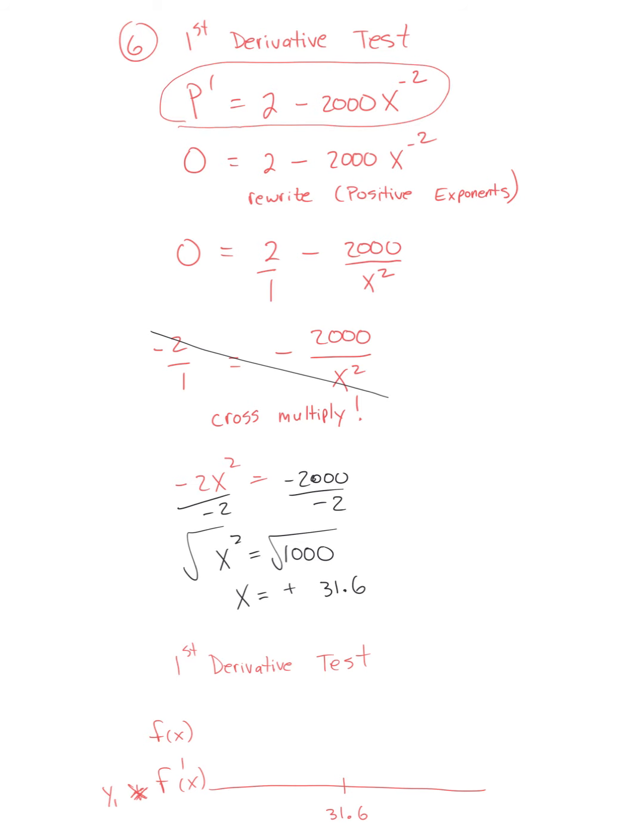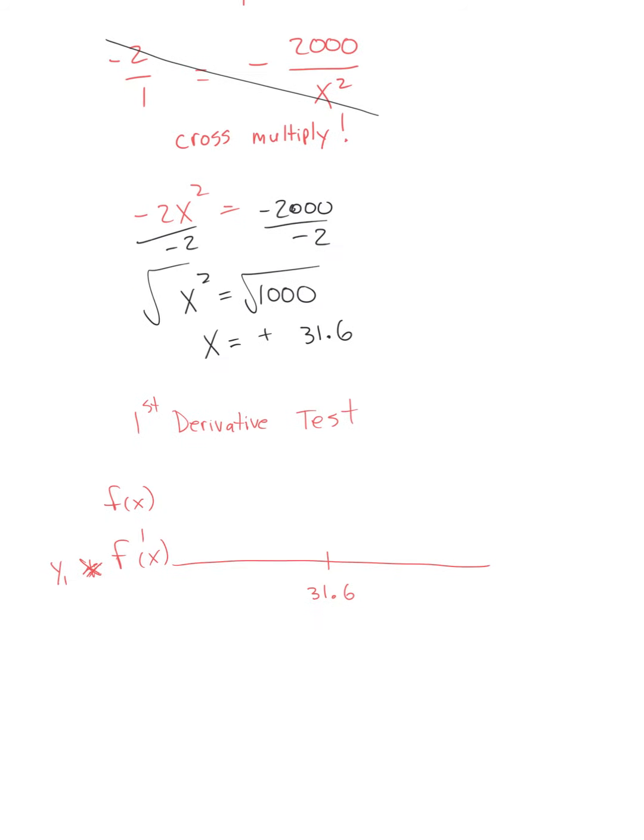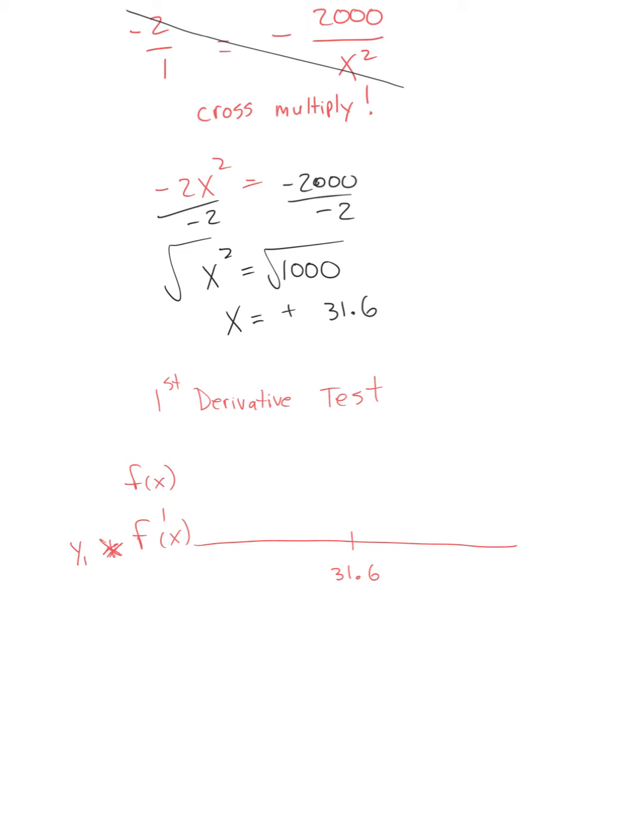Put this in y equals and start your table at 31.6. When I do that, I am seeing negative y values over here, and I am seeing positive y values over here. So that's looking good because we need a minimum.